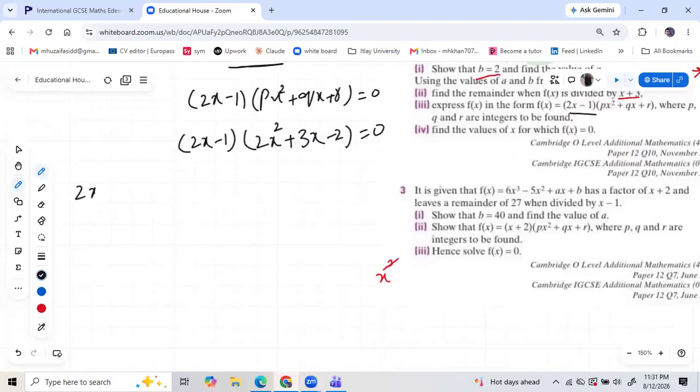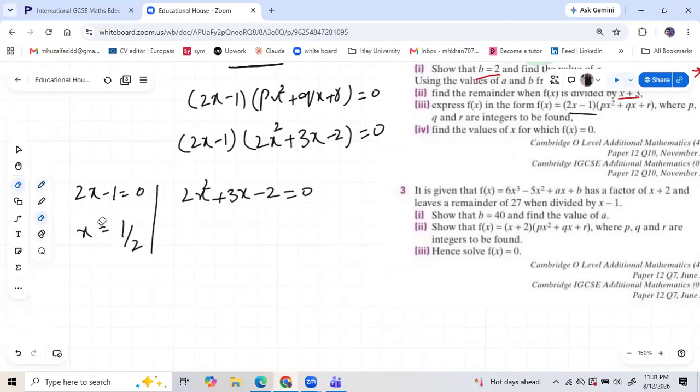This is 2x minus 1 equal to 0, and this is 2x squared plus 3x minus 2 equal to 0. From here x is equal to 1 over 2. Now we check our factors.